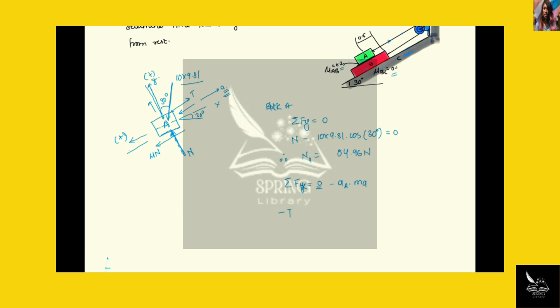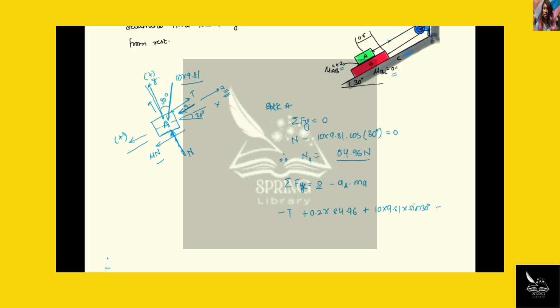Then we have friction acting in the positive direction, so plus 0.2 times our normal force, which is 84.96, and then we have gravity, which is also acting in the positive direction. So that is plus 10 into 9.81 times sine 30 degrees, right?